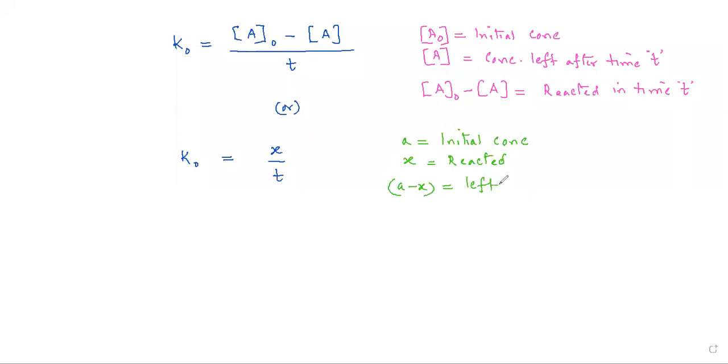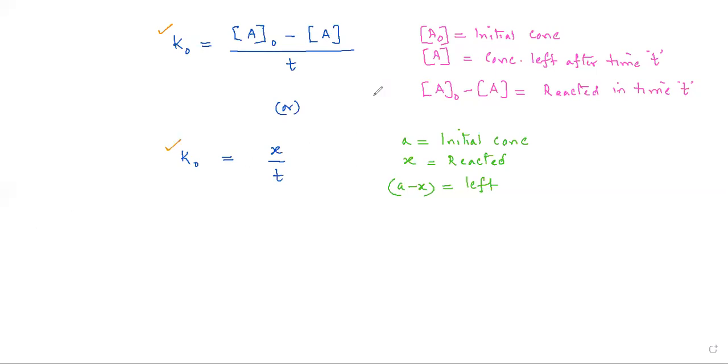So even this way it can be expressed: K0 is equal to x by t. So this way we can give the K0, or the rate constant for zeroth order, in two ways.